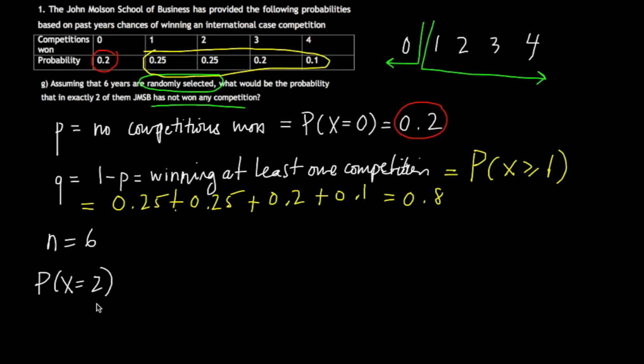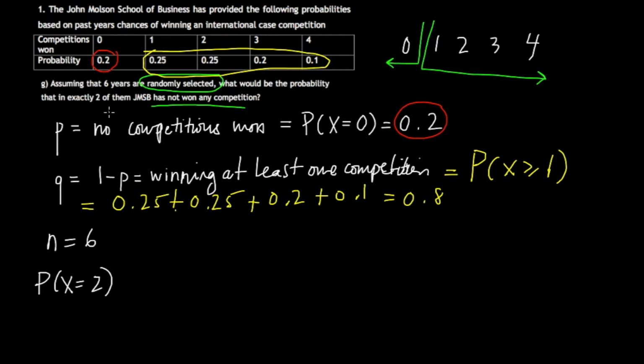So, quick recap. First, we need to find our P in binomial. Then we need to find our Q. So I need to find the probability of what I'm looking for, my P, which is winning no competitions, because that's what they're asking me. The question asks, what is the probability that out of the 6 randomly selected years, exactly 2 have no competitions won.